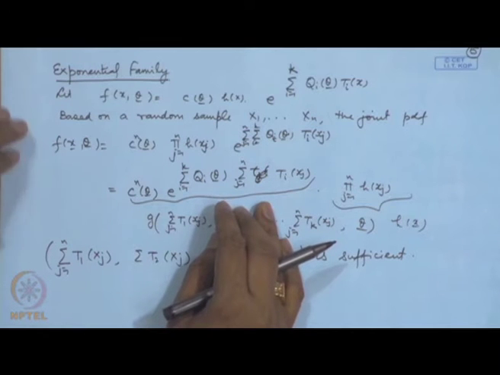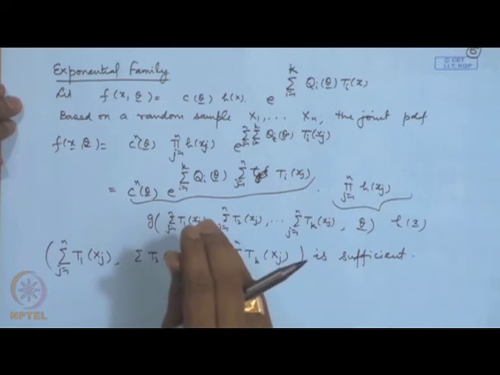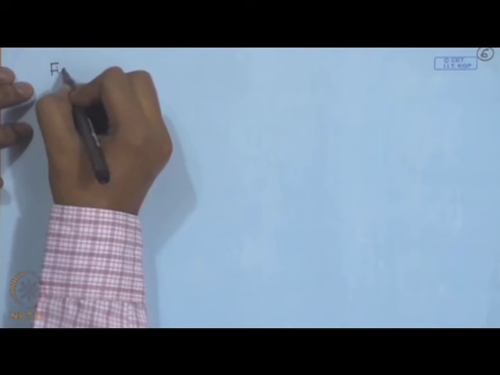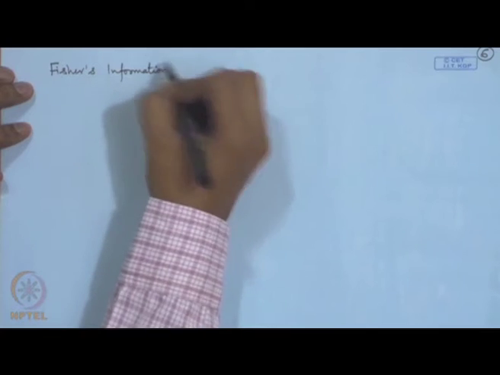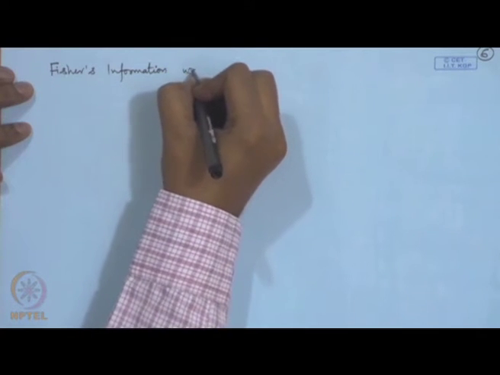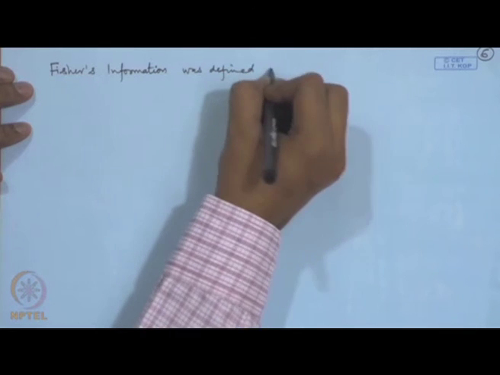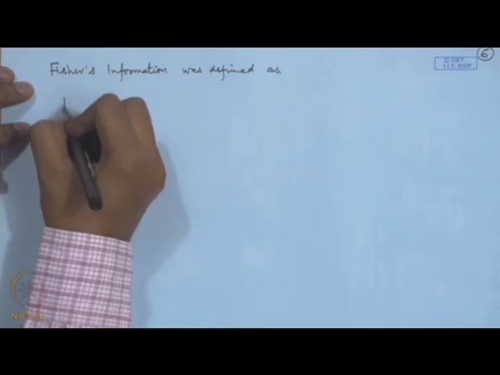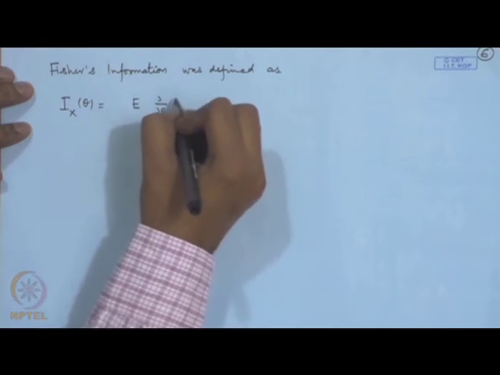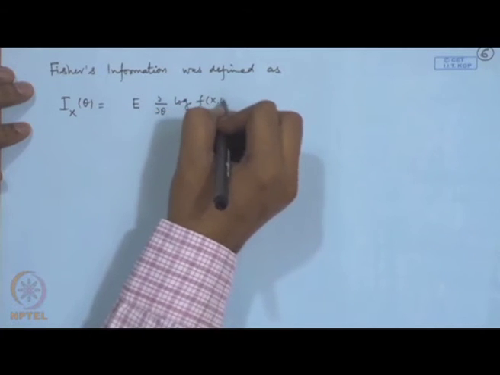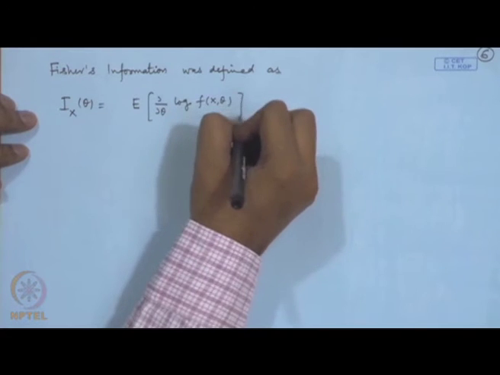Now, let me introduce the relationship between the Fisher's information measure and the concept of sufficiency. If you remember, the Fisher's information was defined as I x theta is equal to expectation of del by del theta log of f x theta whole square.